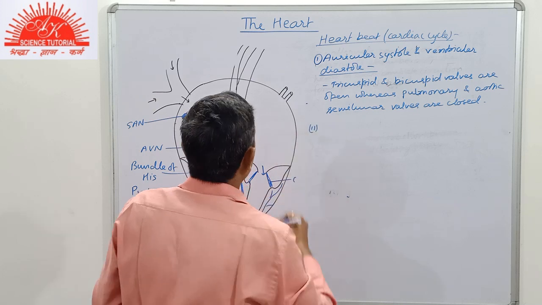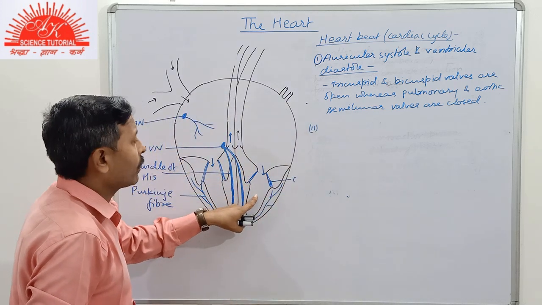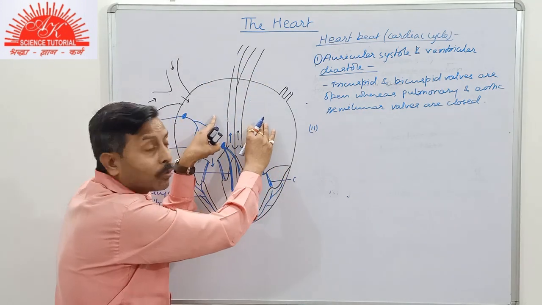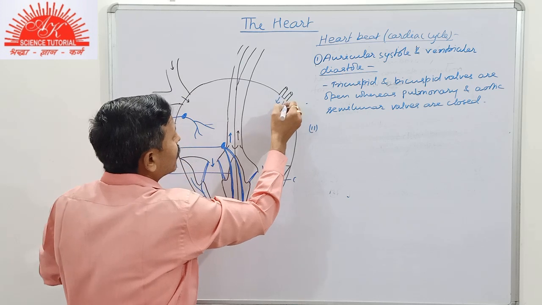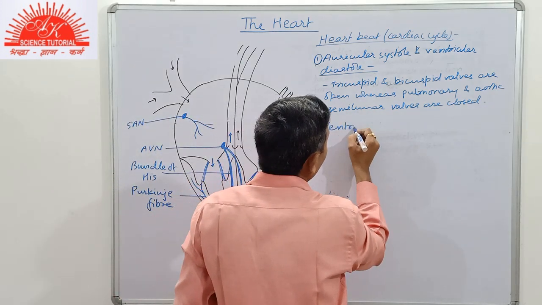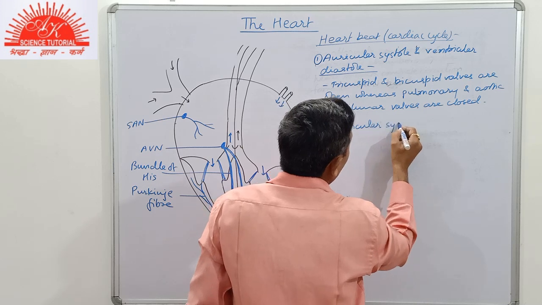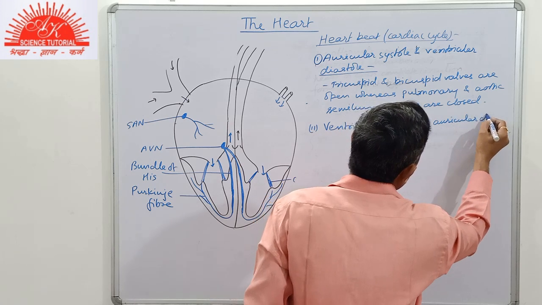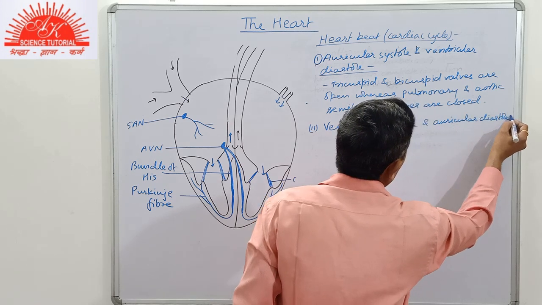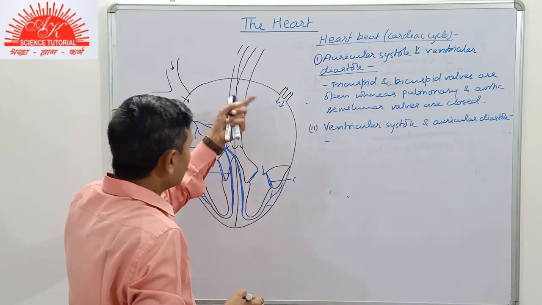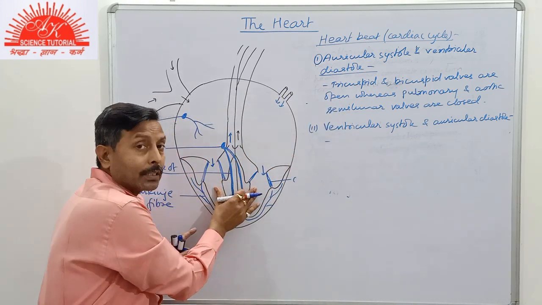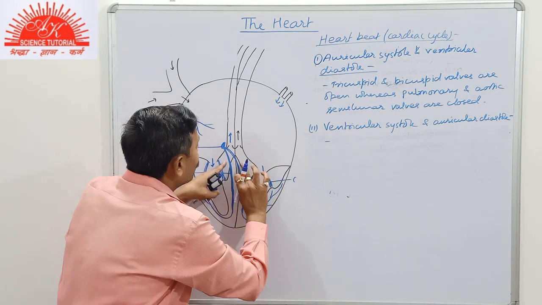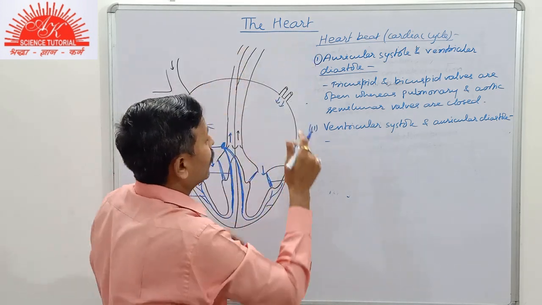Now the second part: this time the ventricle will contract to pump the blood, and at the same time the auricles will start to relax to receive the blood. So the second part is ventricular systole and auricular diastole. So we see here, just opposite to this function, since these chambers are contracting, these two valves will be closed to prevent backflow, and the blood will then pass through this structure to other parts.